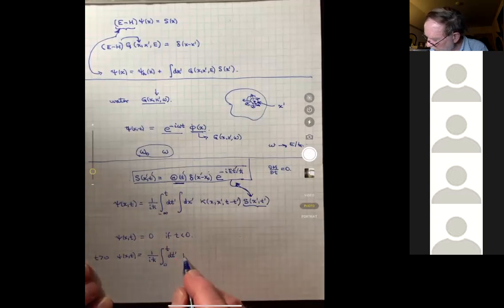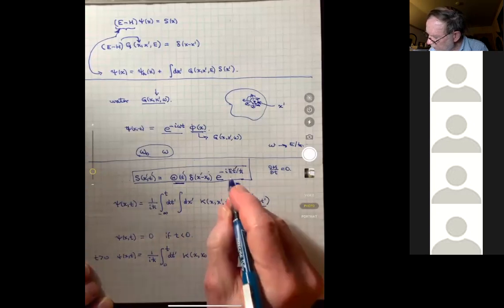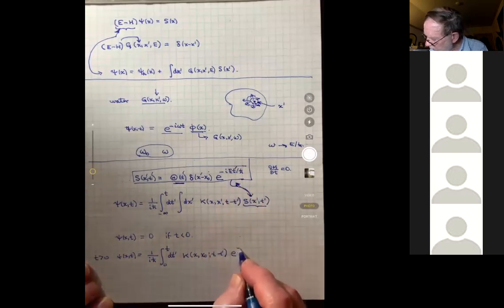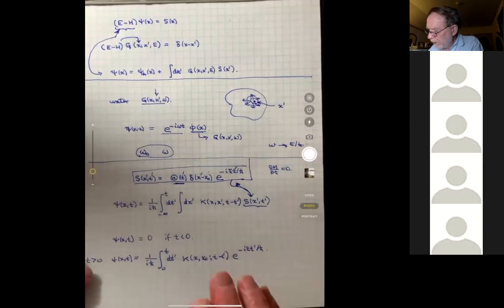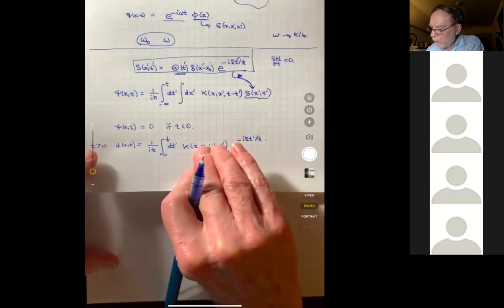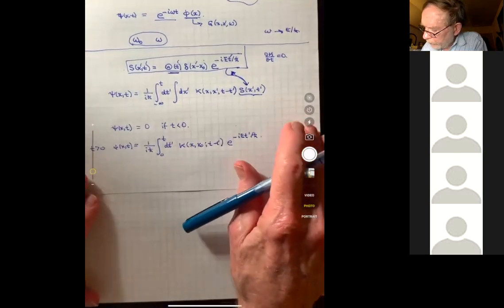So this gives me k evaluated at x, and instead of x prime, I have x0, comma t minus t prime. And then I have the time dependence here of e to the minus i E t prime over h bar, like so. Okay, so that's the wave field that's produced.